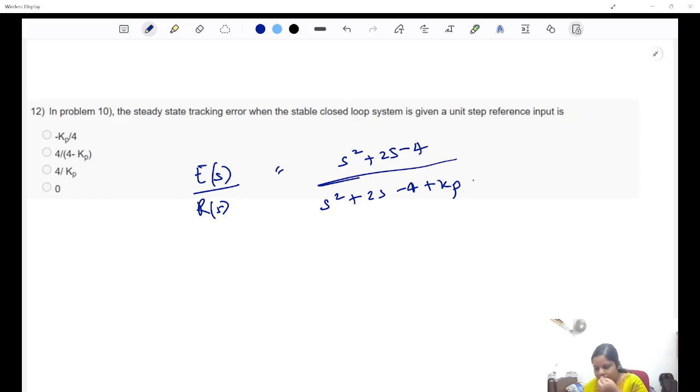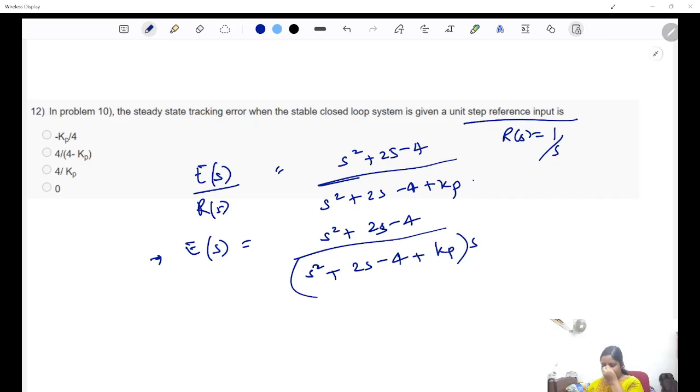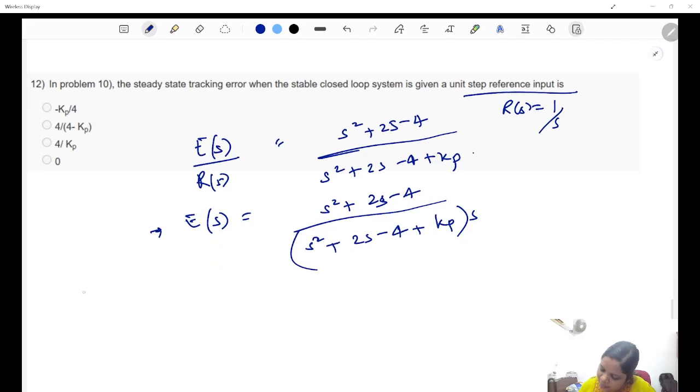So your RS becomes 1 by S, right? So your ES becomes S square plus 2S minus 4 upon S square plus 2S minus 4 plus KP, into S. Okay, what does the final value theorem say?